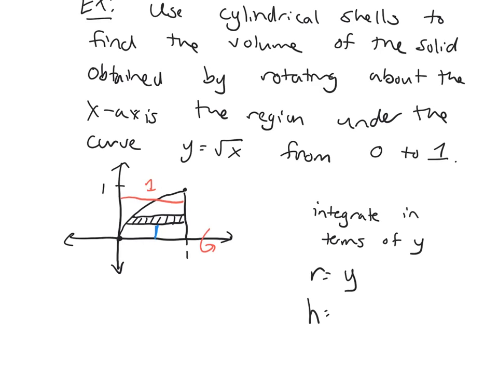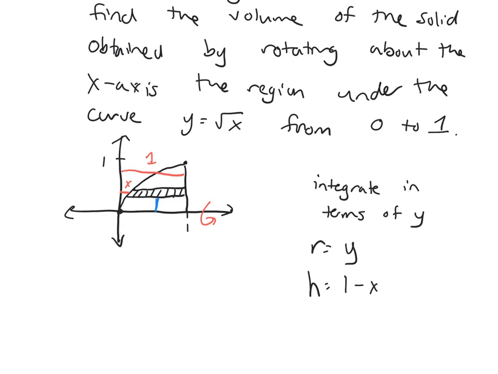And then this distance right here, this is x, because it's a horizontal distance, it's x. So it looks like my radius, or sorry, my height is 1 minus x, but remember I'm integrating in terms of y. So this needs to be in terms of y here.